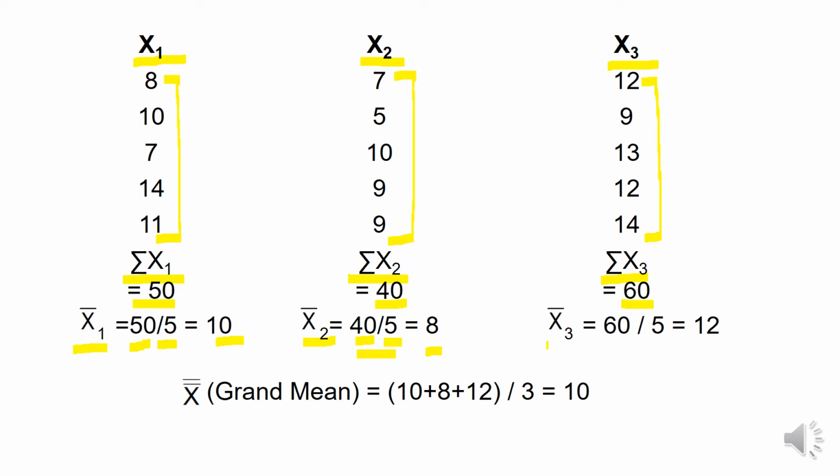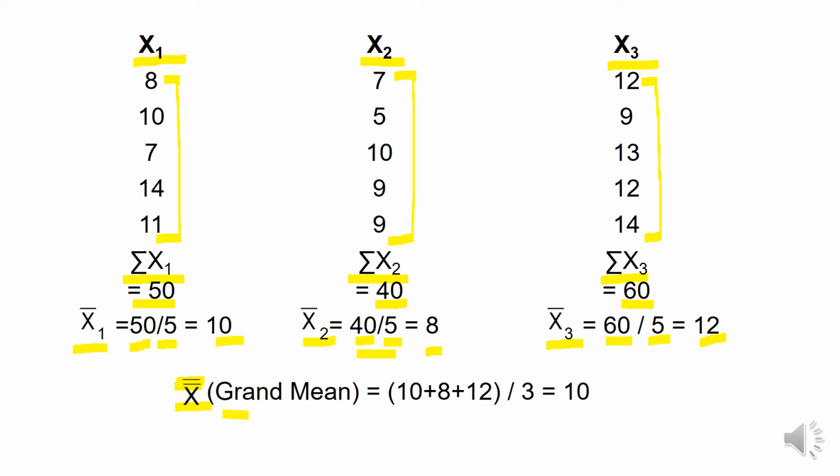And the mean for the third variable is the sum, that is 60, divided by the number of observations, that is 5. 60 divided by 5 is equal to 12. So what we achieved up till now, students? We achieved the mean for all three variables on an individual basis. Now we'll calculate the grand mean. Grand mean is represented by two parallel bars.